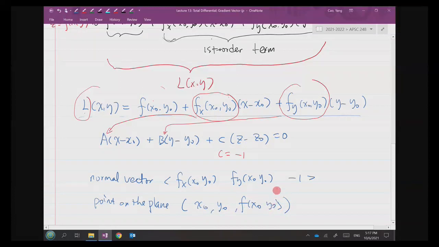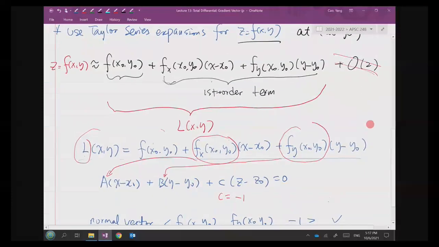As we're going to learn later, you'll see this vector here is a vector normal to the original surface. If this vector is normal to the original surface and also normal to the current plane, then that plane is tangent to the original surface. So basically the Taylor expansion result, if you only keep the first order term, gives you a plane, which can be used to approximate the original surface function f of x, y.